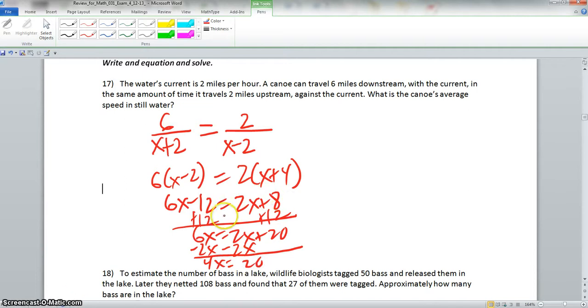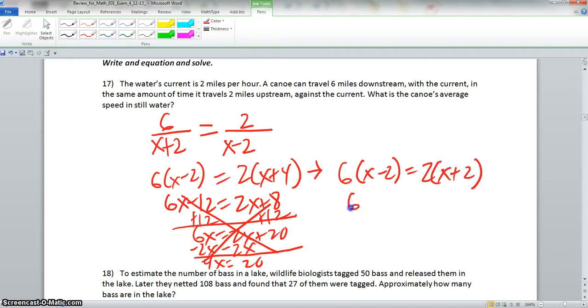Okay, class, there's a mistake I made on this problem. When I did 2 times the parenthesis x plus 2, let me cross this out. This is actually supposed to be 6 times x minus 2 is equal to 2 times x plus 2. So it'll be 6x minus 12 is equal to 2x plus 4. Now, we subtract 2x on both sides.